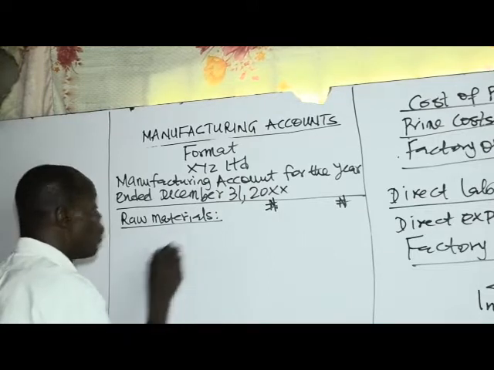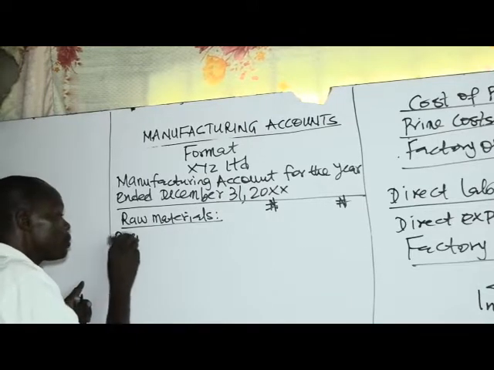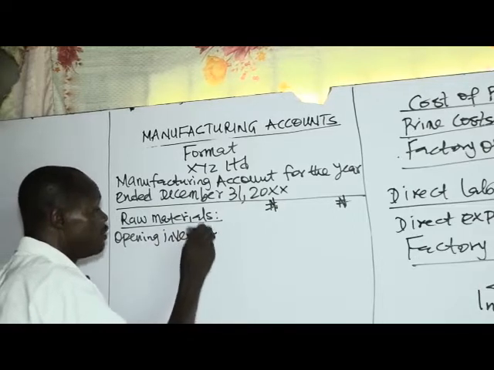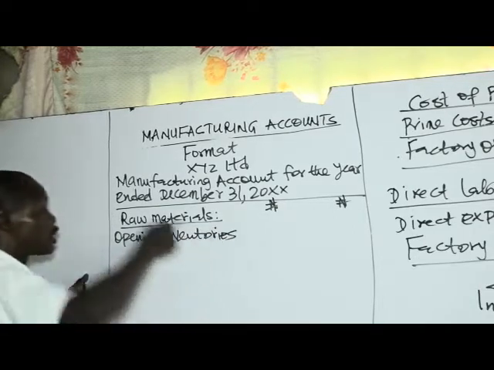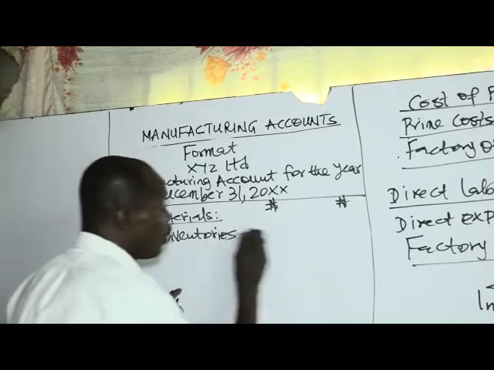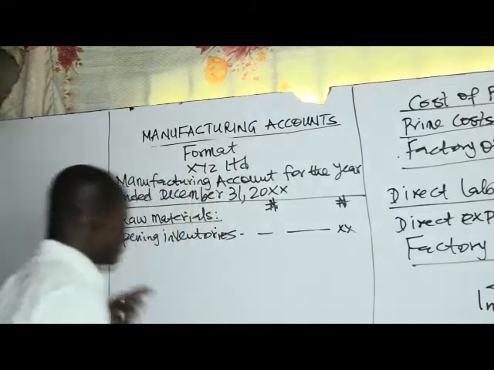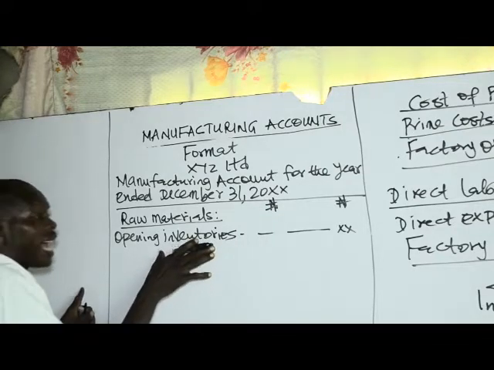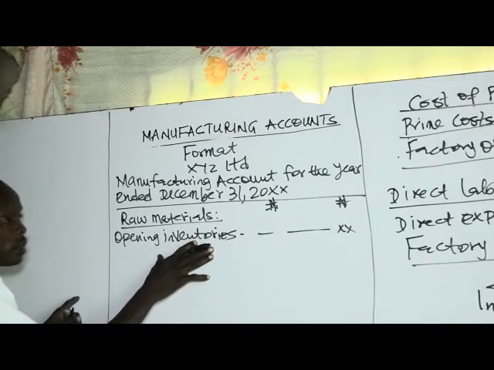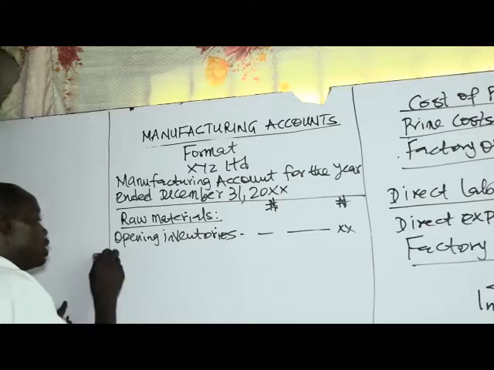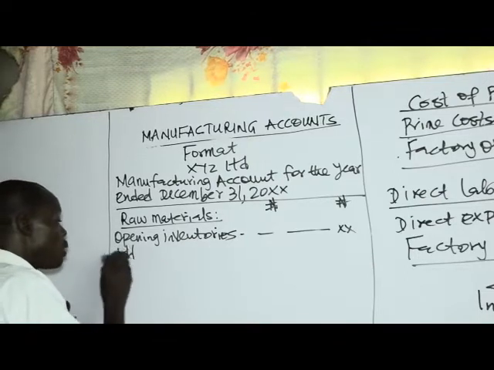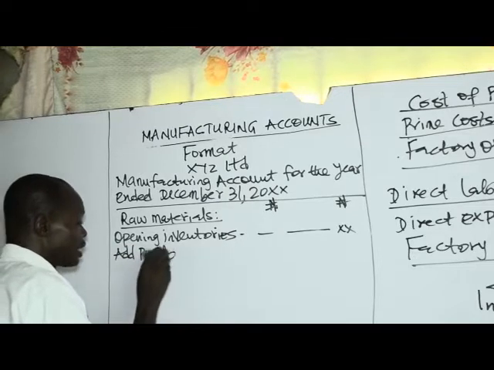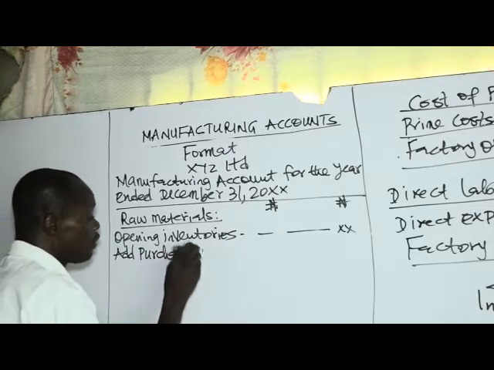So we have opening inventories of raw materials. Then, if the one you had at the beginning of the period is not enough for production, you buy more. Then you add the one you buy to it. So add purchases of raw materials.